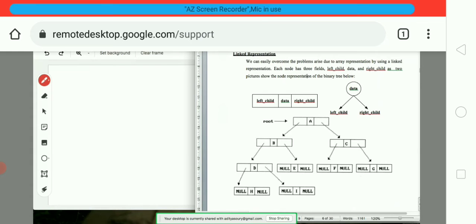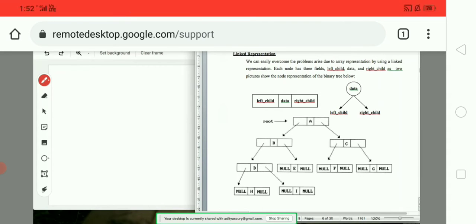Each node has three fields: left child, data, and right child. We already know linked lists. In linked lists we have two types: single linked list and double linked list. In binary tree representation we use a double linked list, so left side, center, and right side.